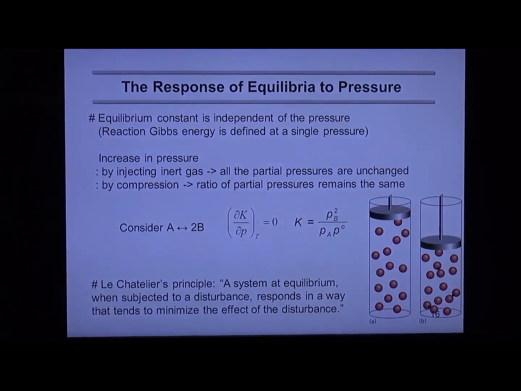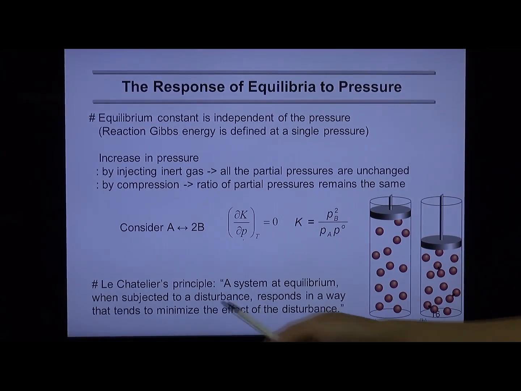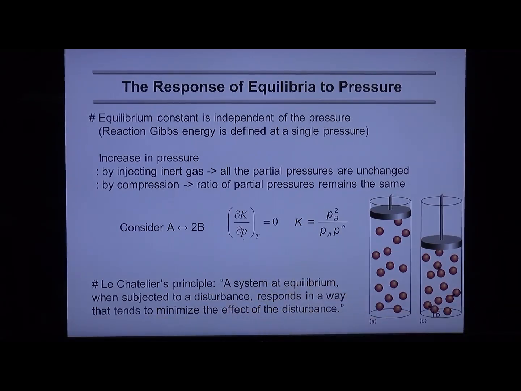All of you remember it from general chemistry class, right? Le Chatelier's principle says that a system at equilibrium, when subjected to a disturbance, responds in a way that tends to minimize the effect of this disturbance.